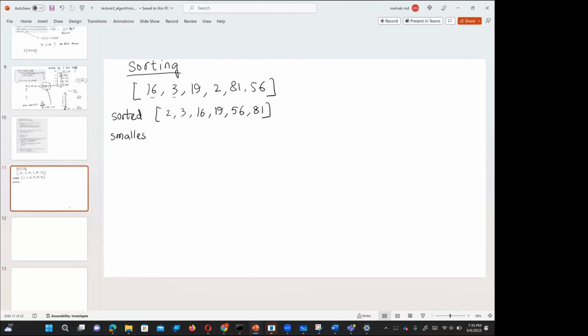So he will try to find the smallest of 16, 3, 19, 2, 81, and 56. What will be the result? 2, right? Okay. So to find this smallest element, how many elements does he have to check?